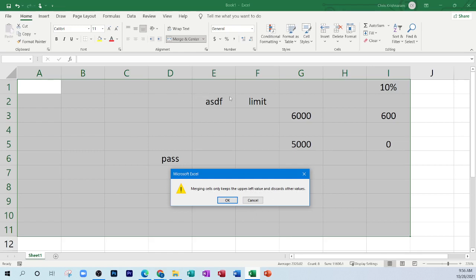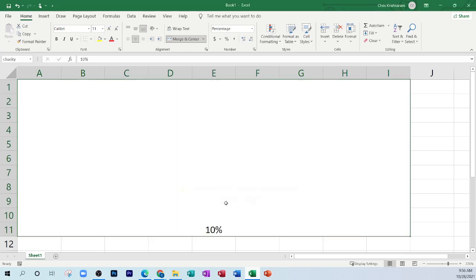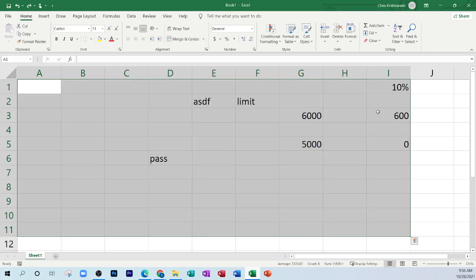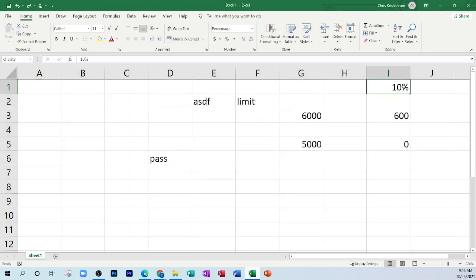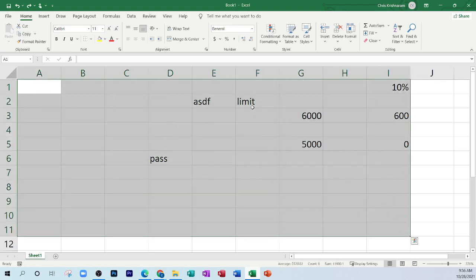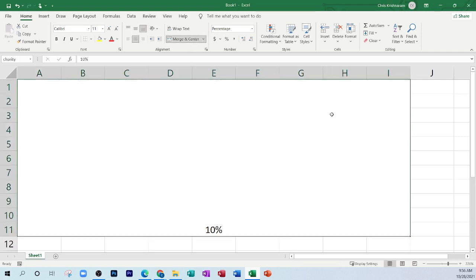So only what's in the upper left is kept. If you click OK, 10%. That's upper left. But notice when we highlight that, it only kept the 10%, the topmost left cell.